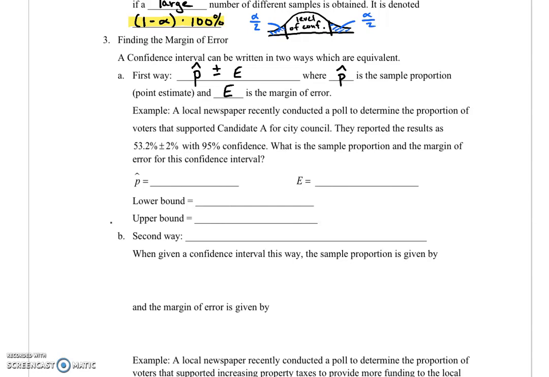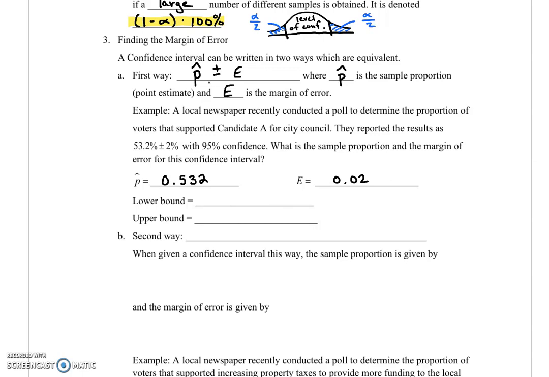They reported the results as 53.2% plus minus 2% with 95% confidence. What's the sample proportion and the margin of error? The sample proportion is 53.2%. We have to change that to a decimal, so 0.532. And the margin of error is 2%, so that's 0.02 as a decimal.